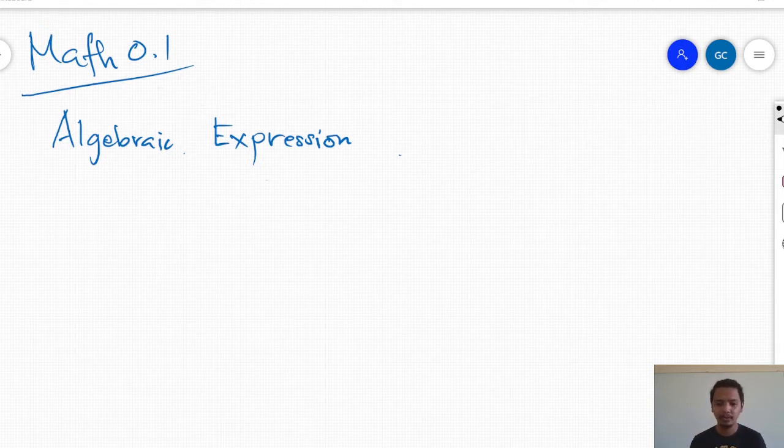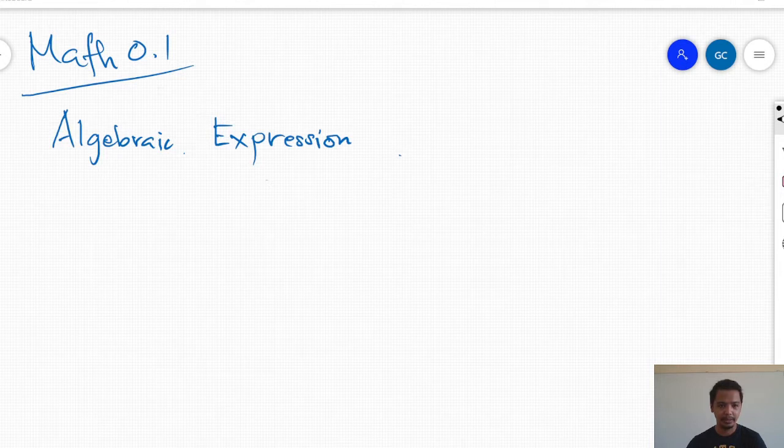So, yun yung i-discuss natin ngayon, wherein yung isang topic under dito sa algebraic expression yung bibigyan natin ng focus, yung tinatawag natin yung loss of exponent or LOE.